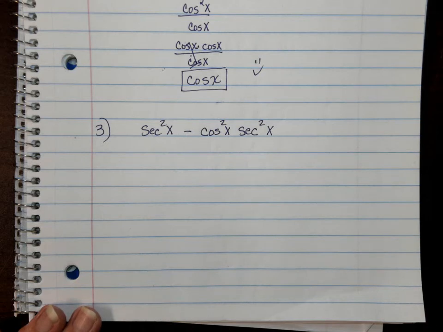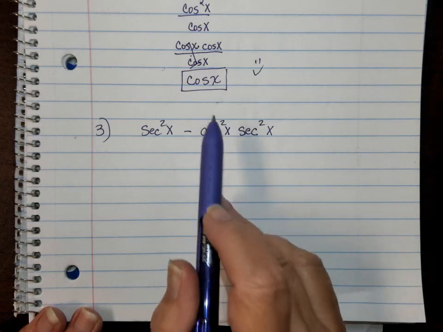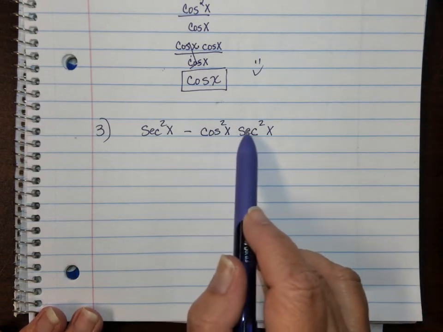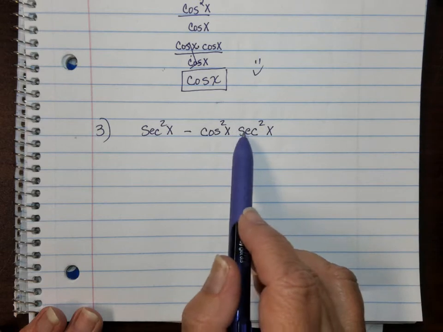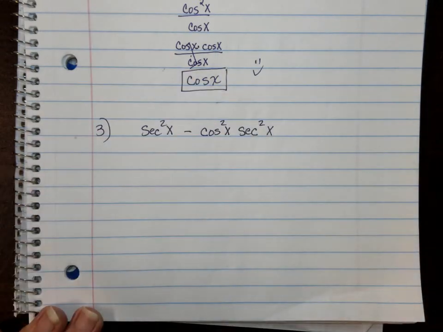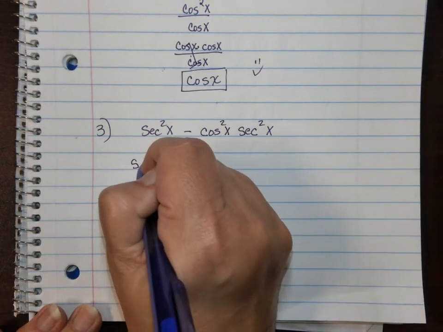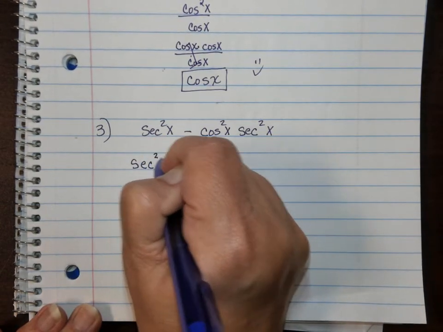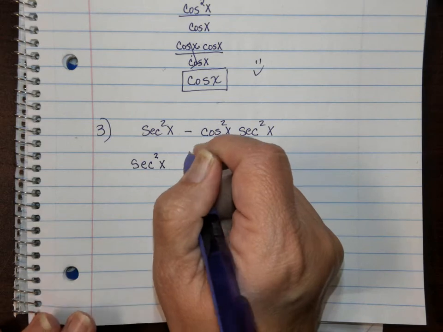Do you see something we can factor out? You see it, right? What do these have in common? They both have a secant squared, right? That's a common factor. We're going to factor that guy out, the same way you factored out that 2 in problem 4 of the warm-up.